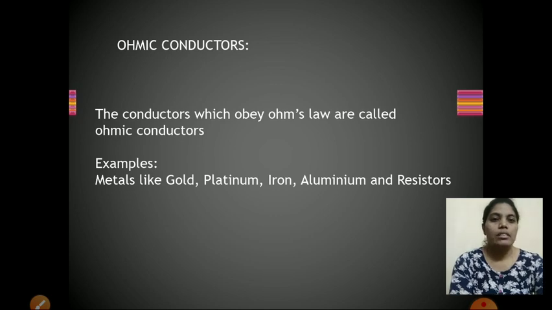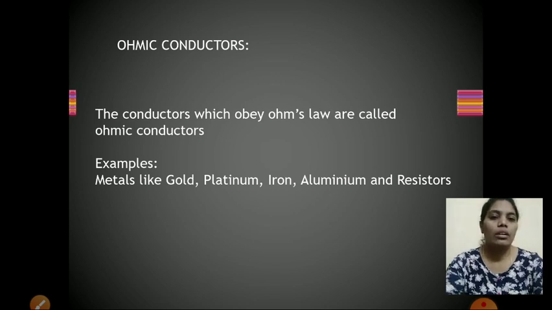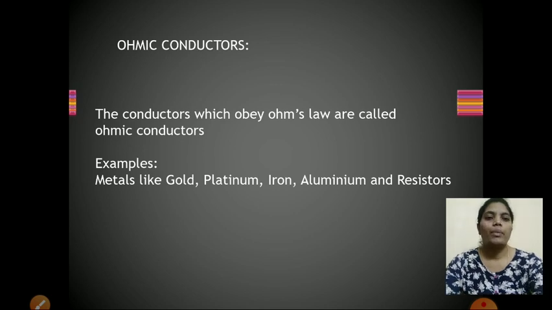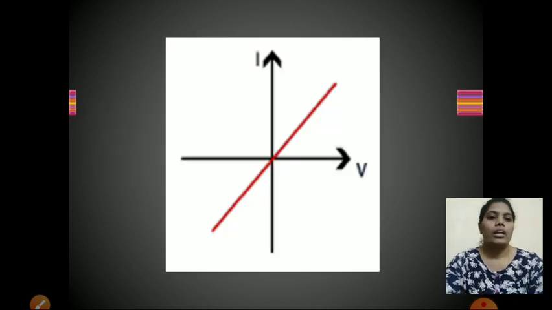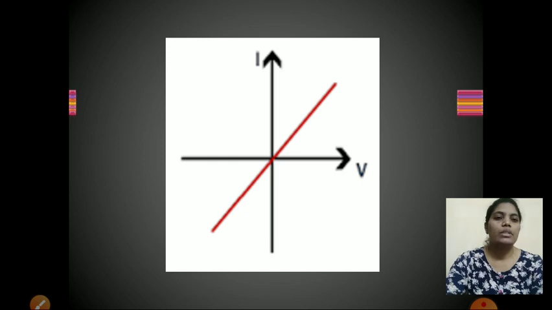Now examples: metals like gold, platinum, iron, aluminium and resistors are best examples for ohmic conductors. Now let us see the relation between I and V here. According to Ohm's law, I and V are directly proportional.